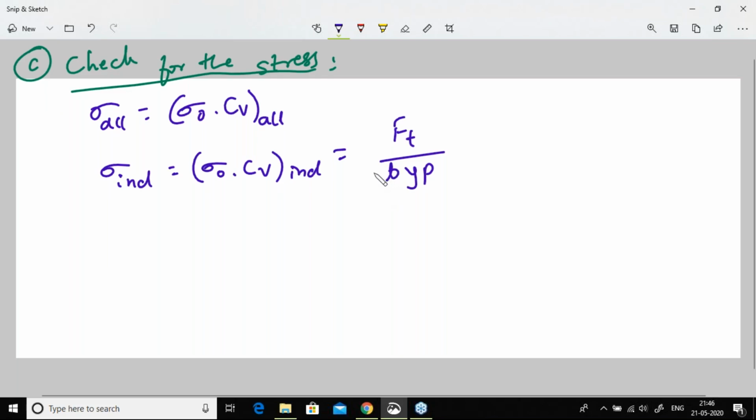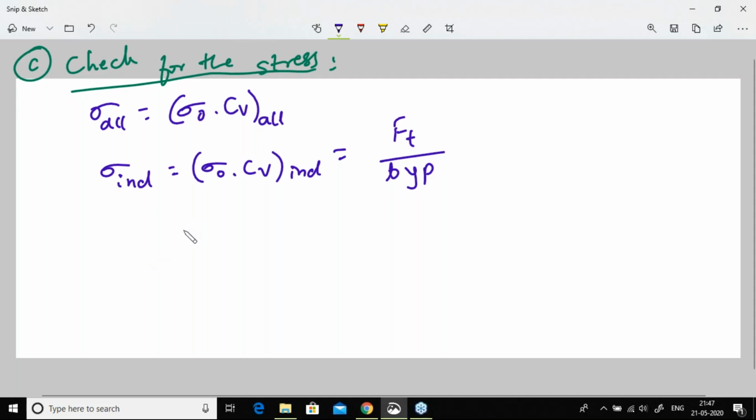B is nothing but the face width. We have assumed at the step of small a. Y is the Lewis form factor for the weaker member, that we have to substitute. P is nothing but pi into M. So M is nothing but the M when we get LHS greater than or equal to RHS. By substituting all these things, we have to get the sigma induced value.